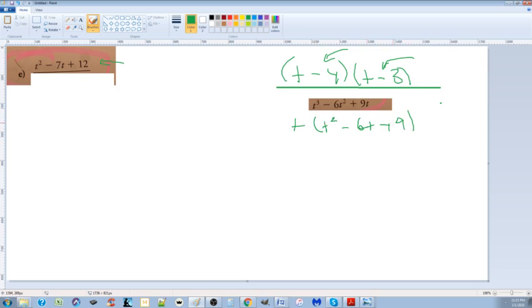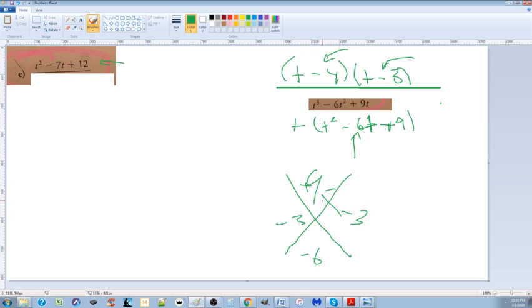Now, what are we looking for? We're looking for numbers that multiply out to 9 and add up to minus 6. Well, 9 only has a few factors: 9 and 1, and 3 and 3. So the numbers that multiply out to 9 but add up to minus 6 would be minus 3 and minus 3.